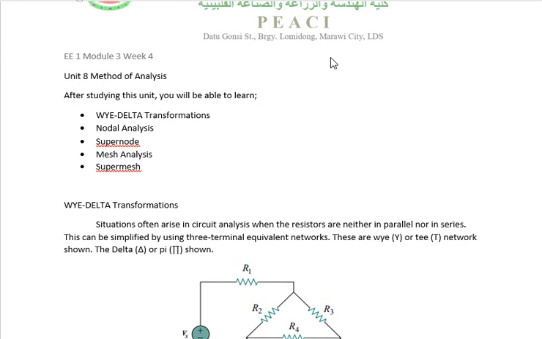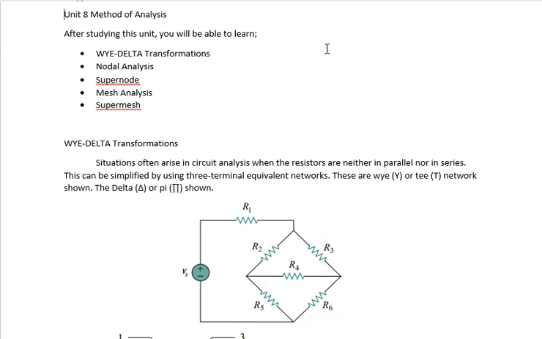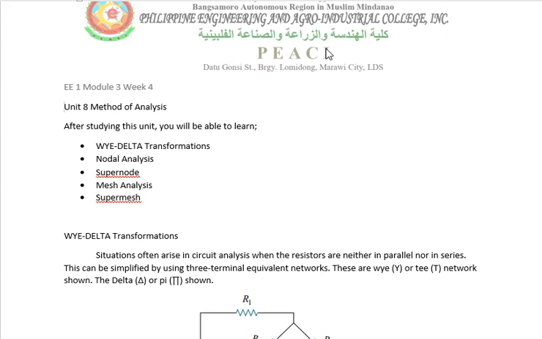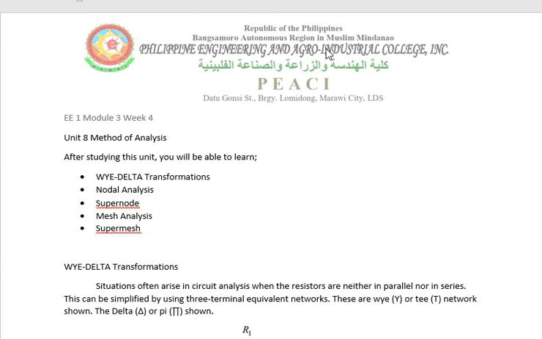method of analysis. Okay. So, bakit? Kasi when it comes to electrical circuits, hindi sapat that we have just the basic idea about the electricity, no? Lalo na't gagamitin natin to when it comes to having our higher major subjects, okay?